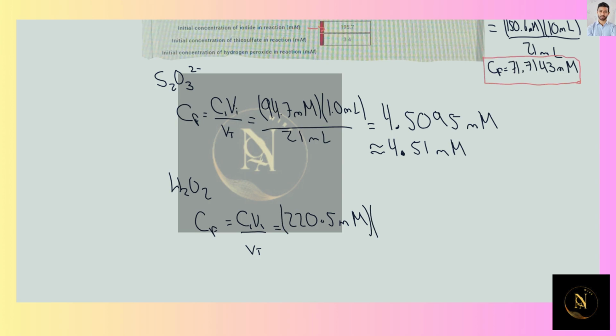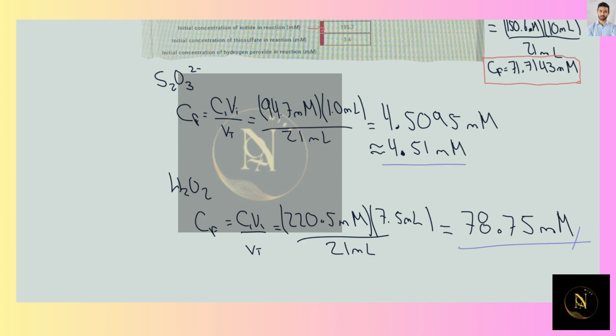We are adding an initial volume of 7.5 milliliters to a total volume of 21 milliliters, which gives us 78.75 millimolar. And that would be all. These are all of the concentrations for the required species.